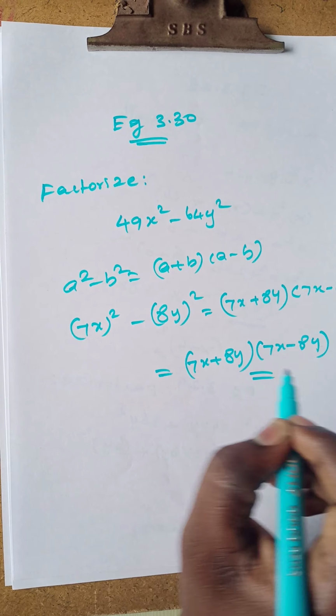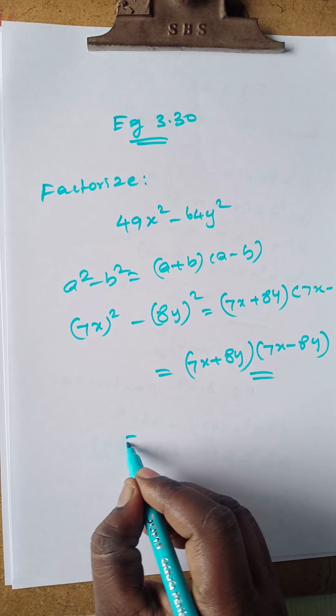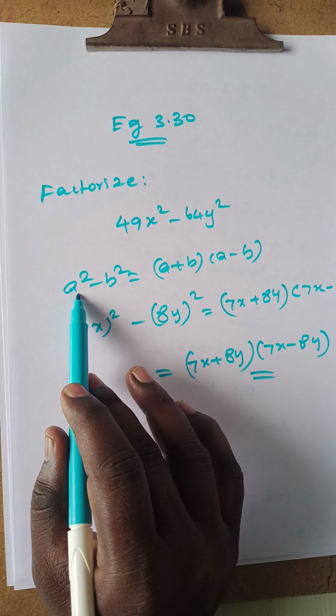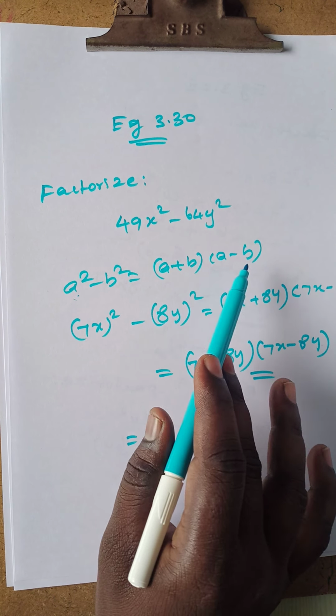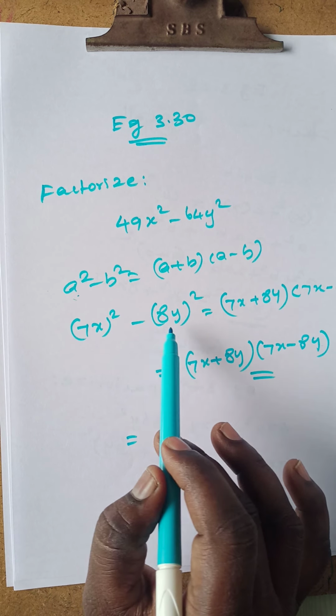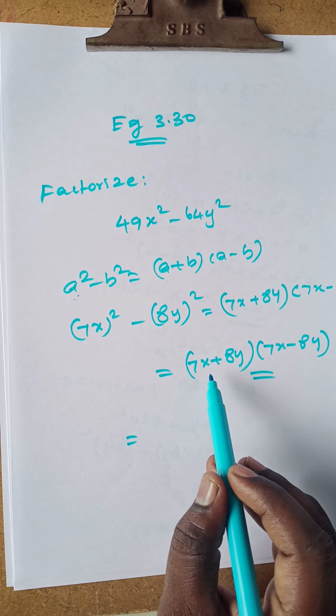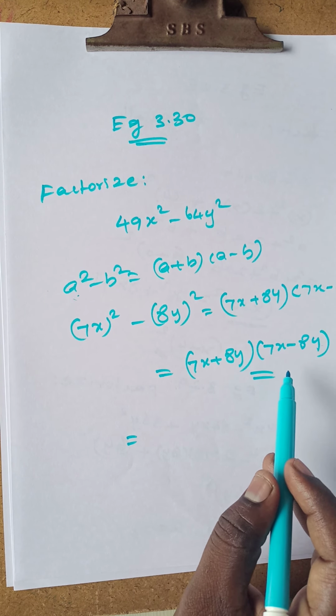It is one of the types. Using the identity a square minus b square equals a plus b into a minus b, the answer is 7x plus 8y times 7x minus 8y.